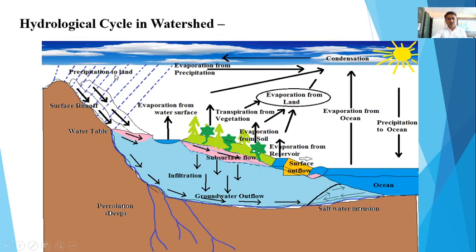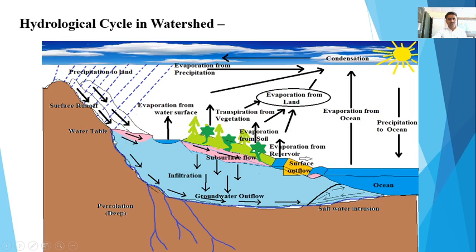Whenever there is an occurrence of precipitation on the land, at the same time it moves ahead according to the slope or according to the territory, and somewhere it gets stored. It may be a lake, pond, seas, oceans, and many more.